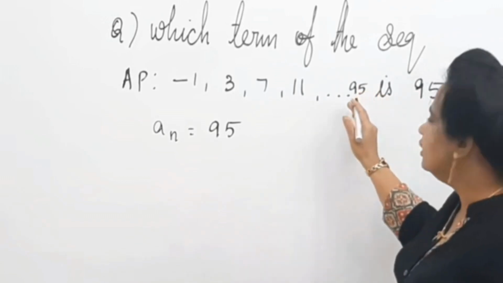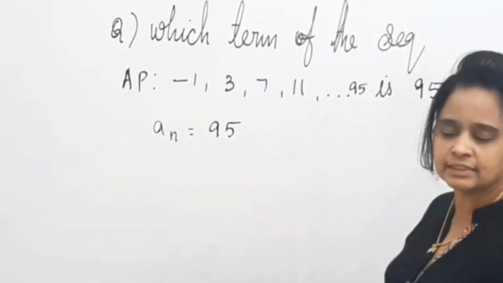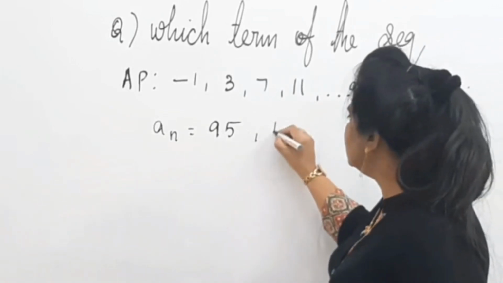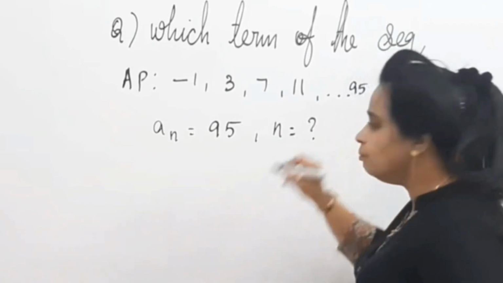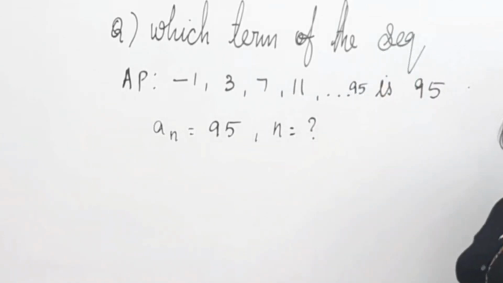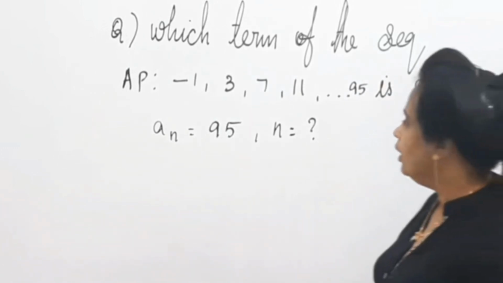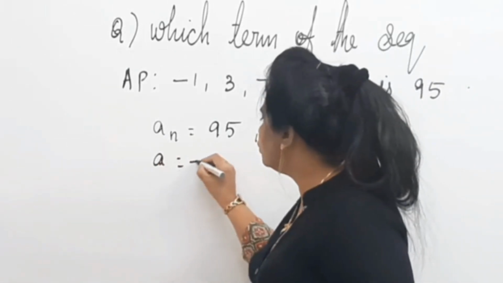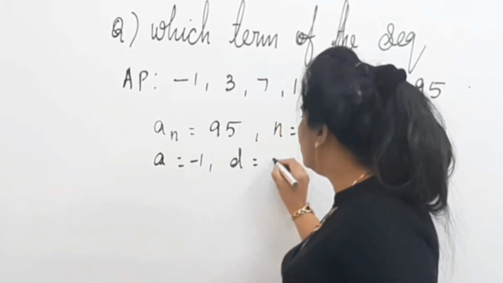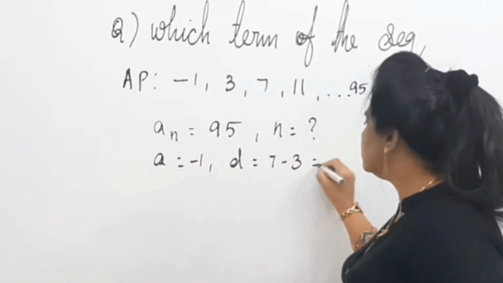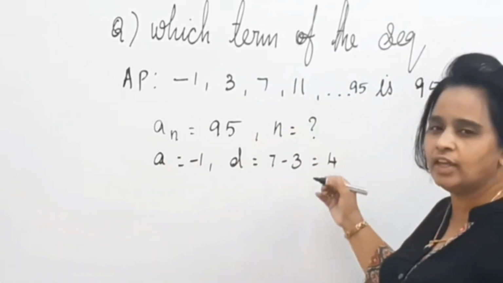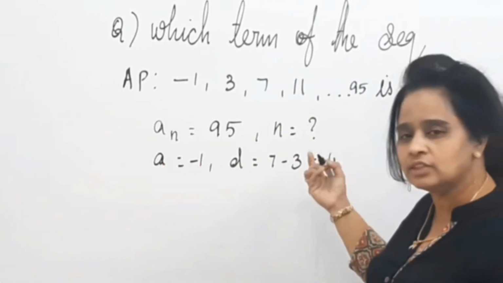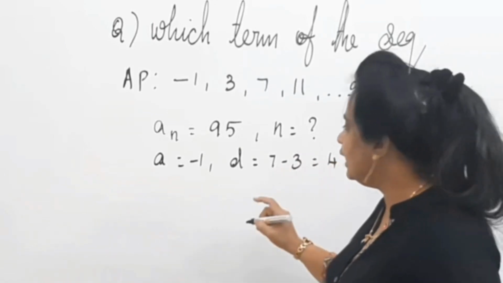Which term it is, that N I have to find. Now I'm given A is equal to minus 1, D is equal to 7 minus 3, which is equal to 4. You can take 3 minus of minus 1, that's also equal to 4. So D I got it.